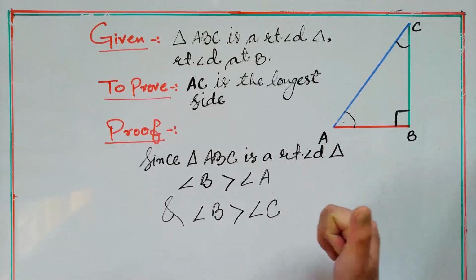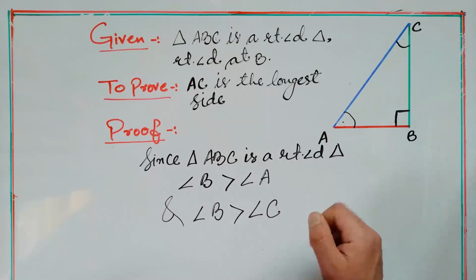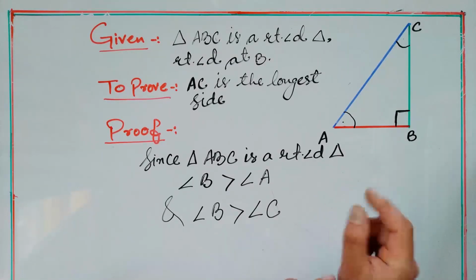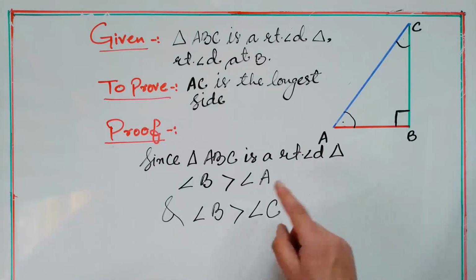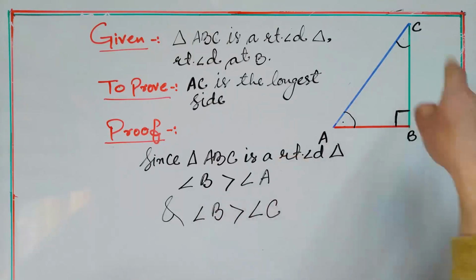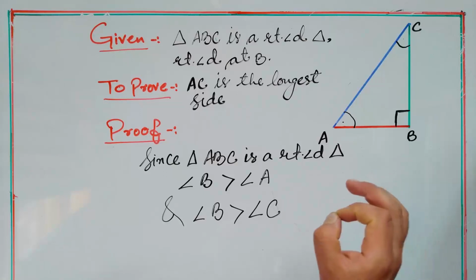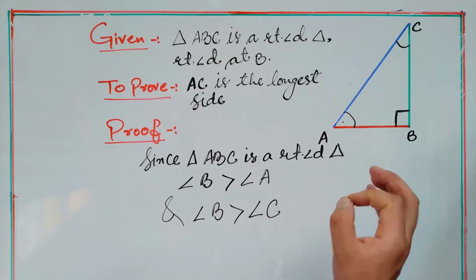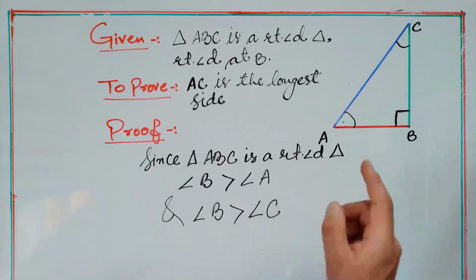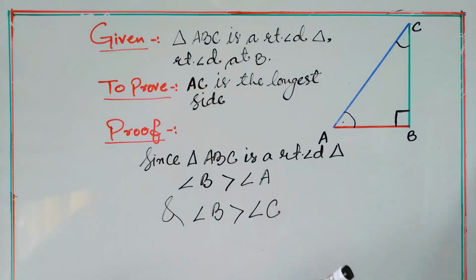Just before, we learned a theorem that stated that the side opposite to the larger angle is longer. So if angle B is the larger angle in this triangle, then the side opposite to it will also be longer. Let's have a look at how we can write down this result.